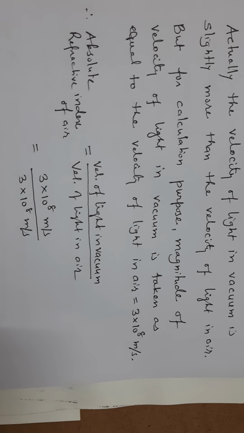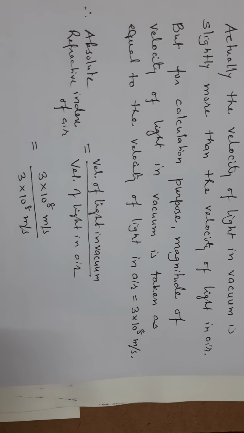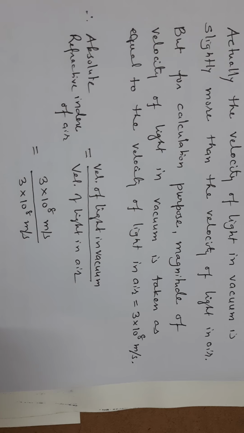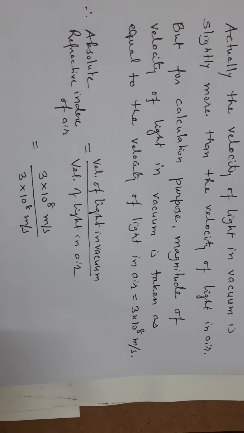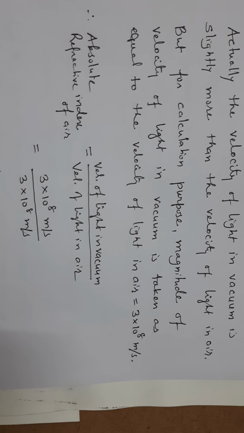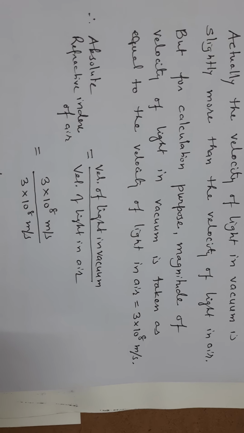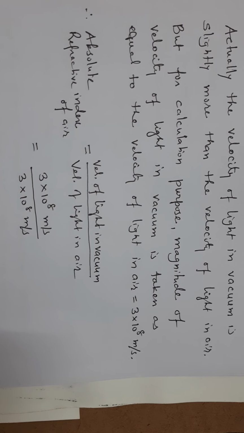Or 3 into 10 raised to 5 kilometer per second. Now 3 into 10 raised to 5 means 3 lakh kilometer per second. That is the velocity of light. In 1 second, light travels around 3 lakh kilometers.